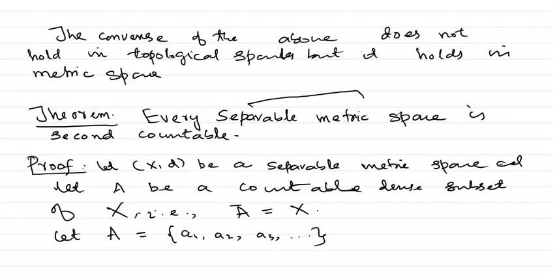Okay. Now since it's dense in X, for each epsilon positive, there exists a point A in capital A, which is a countable set, such that it's dense.